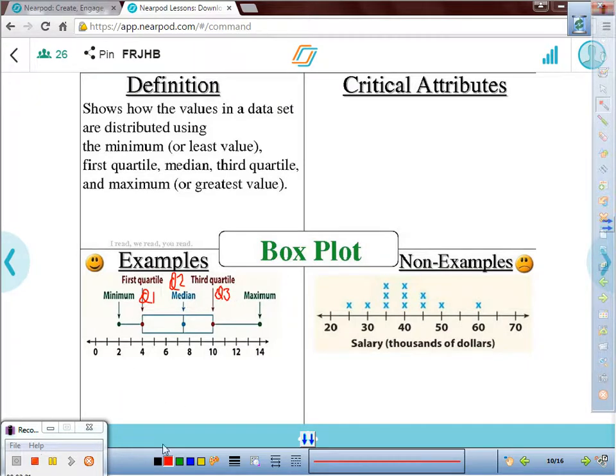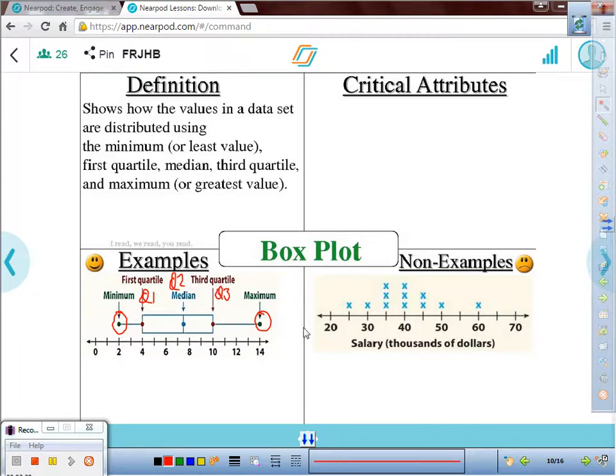From there we need a minimum score, which is the smallest score of the entire data set, and a maximum score of the entire set. So far, how many pieces of information did we need to create our box and whisker or box plot? 5. But we also need one important piece, which is the number line. One number line and those 5 pieces of information.